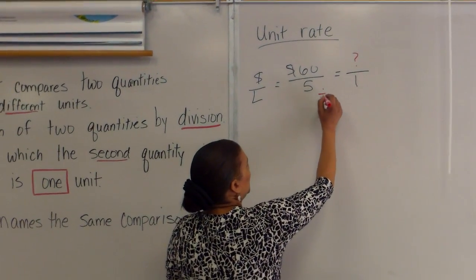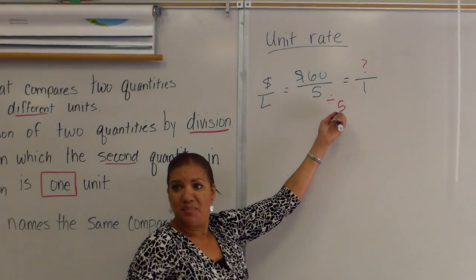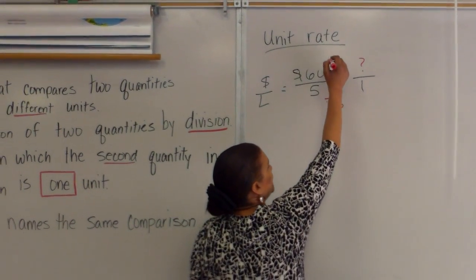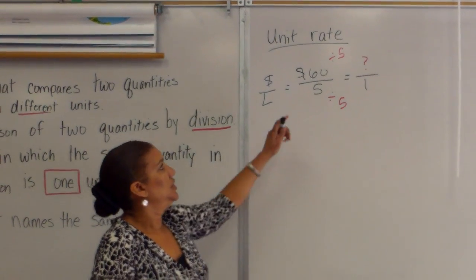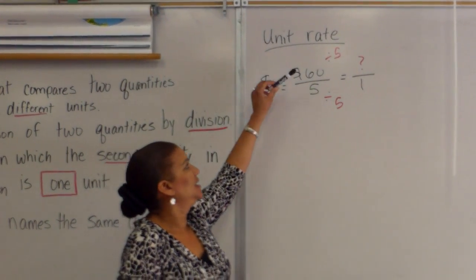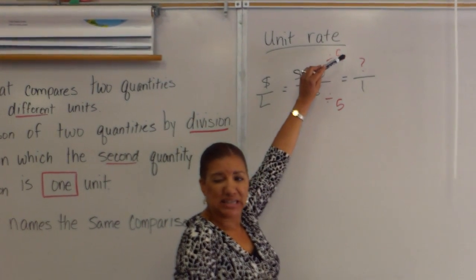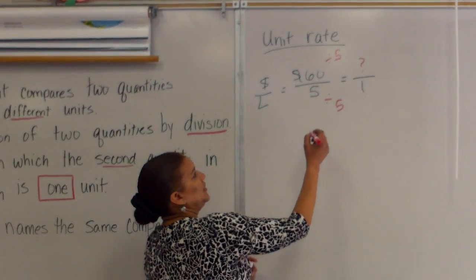Okay, 5 divided by 5 equals 1. Whatever I divide by on the bottom, I have to divide by that number on the top. Thank you very much. So, Amaya, 60 divided by 5 equals 12.